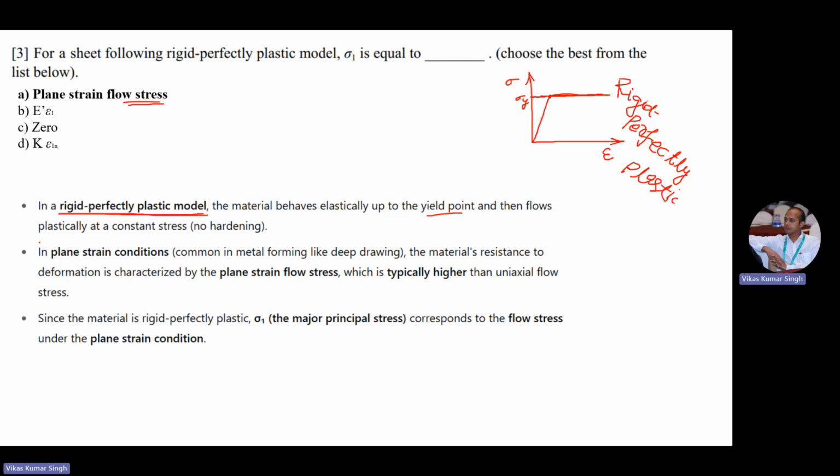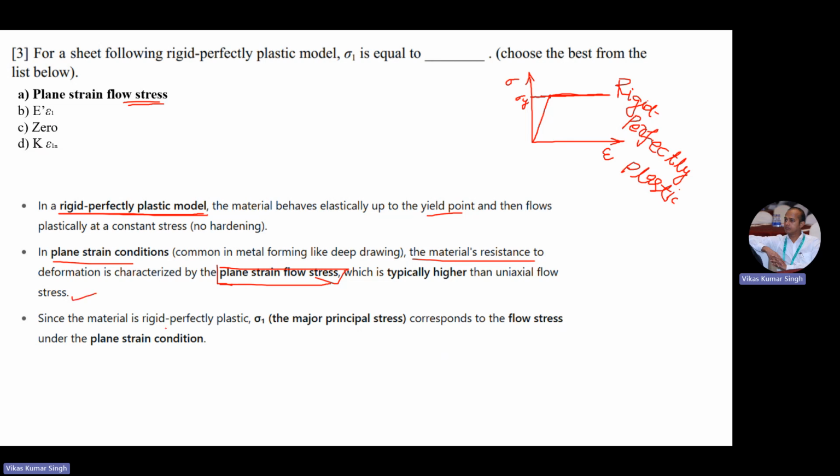Next, in a plane strain condition, the material's resistance to deformation is characterized by the plane strain flow stress. That is correct. The plane strain flow stress is typically higher than the uniaxial one. This is also a correct statement.